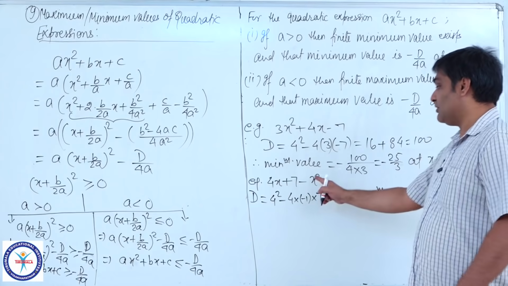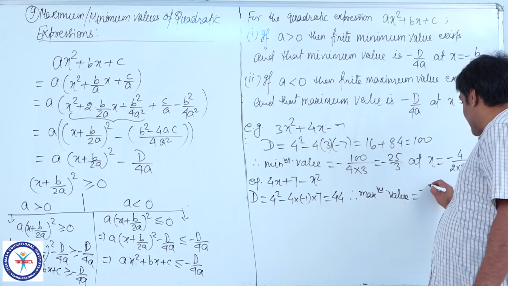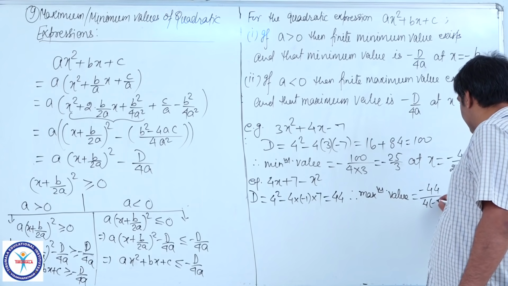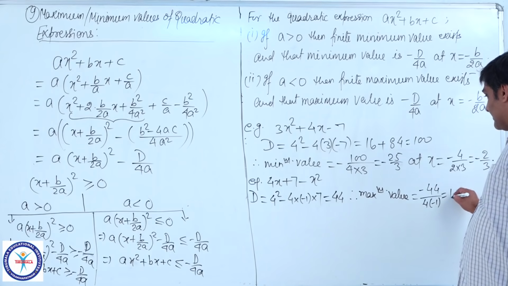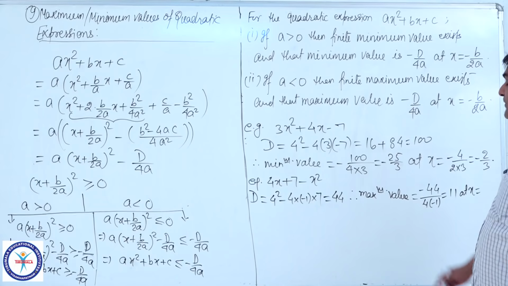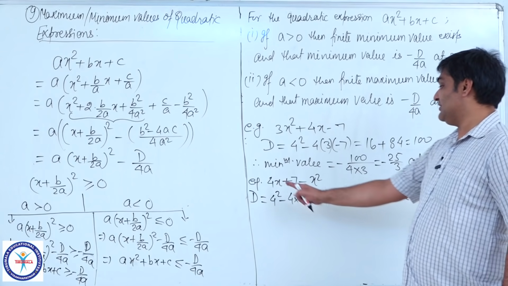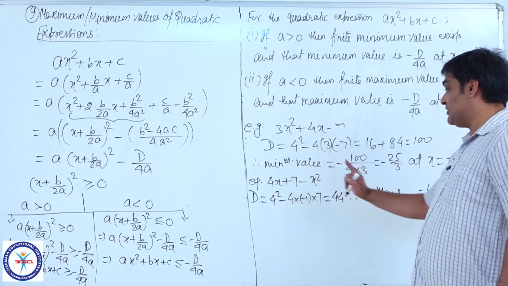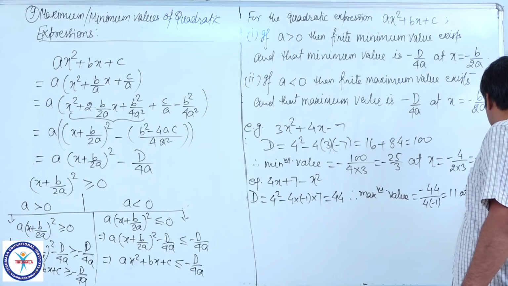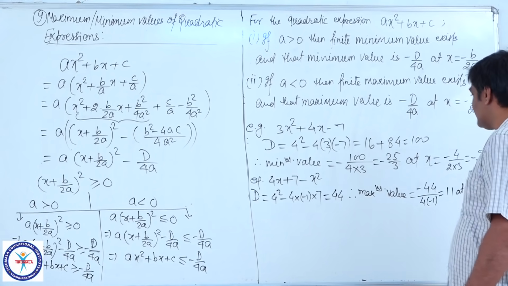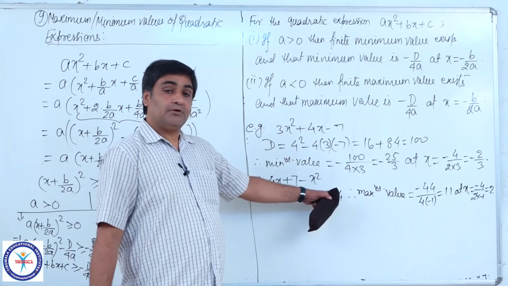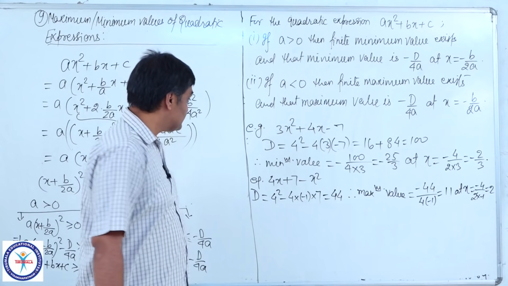What is a? Minus 1. Minus D by 4a is minus 44 by 4 into minus 1, that is 11. At x equal to minus b by 2a, means minus 4 by 2 into minus 1, that is 2. When x is 2, the maximum value of this expression occurs.